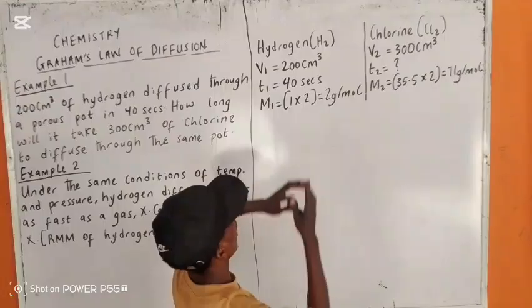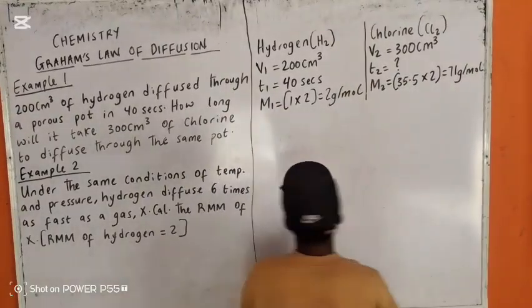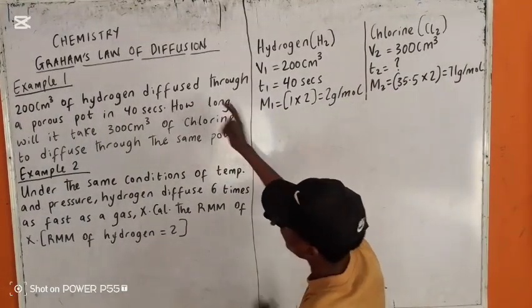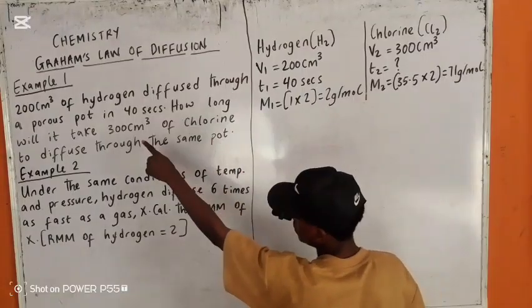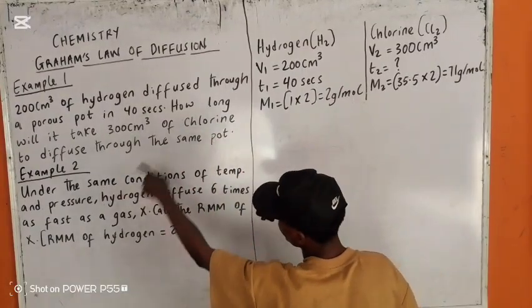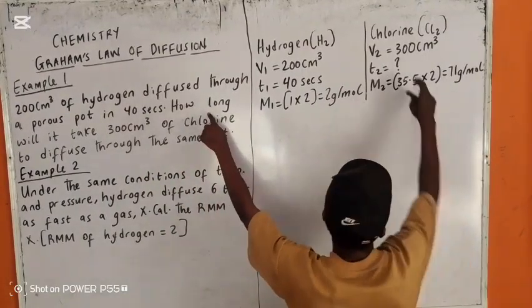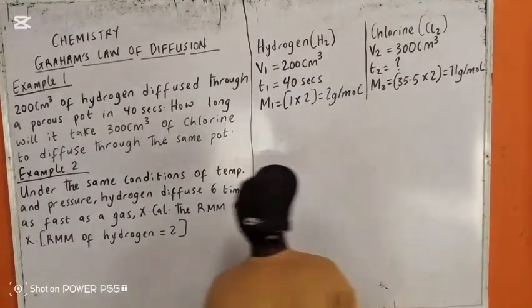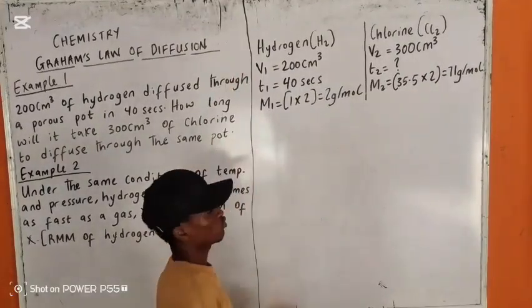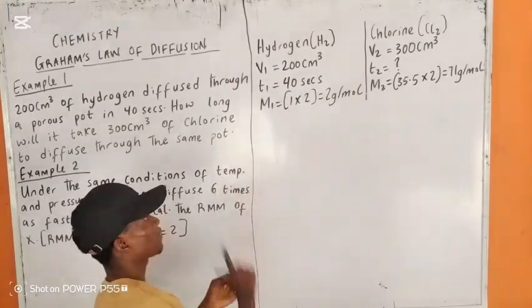So these are our values. The question is how long will it take 300 cm³ of fluorine to diffuse through the same pot? How long means the time taken.